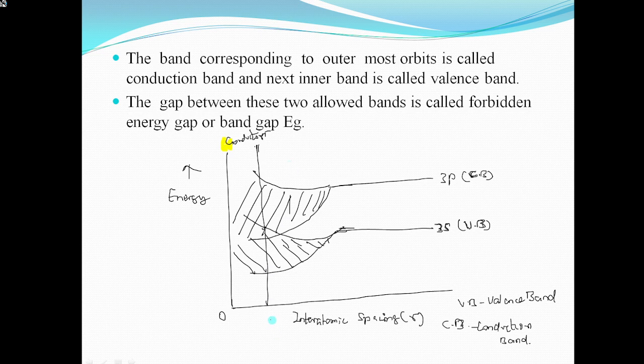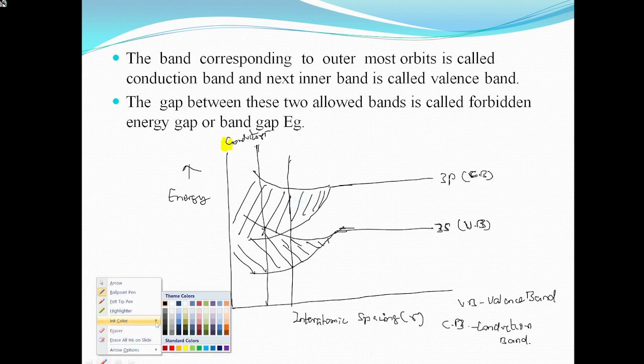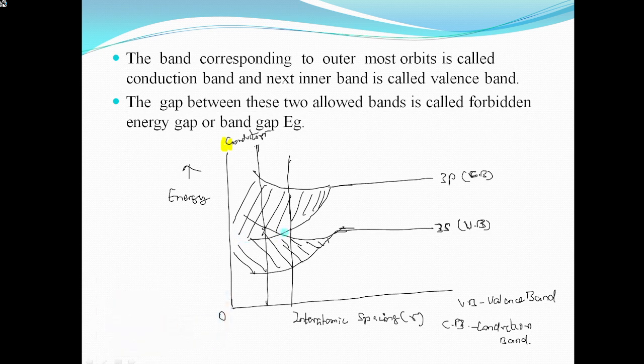Next, when the interatomic spacing is increasing, when atoms become a little bit farther, see here there is a little bit of a gap. This is the gap between the valency band and conduction band. A very small gap. These we call insulators.